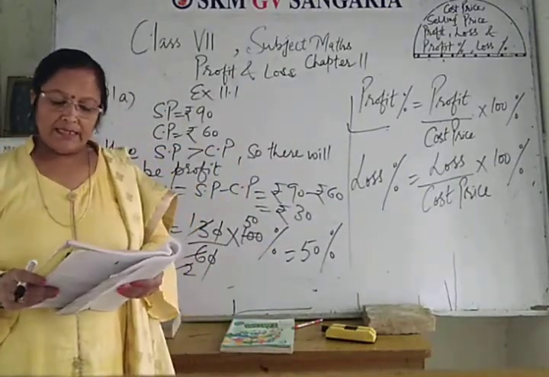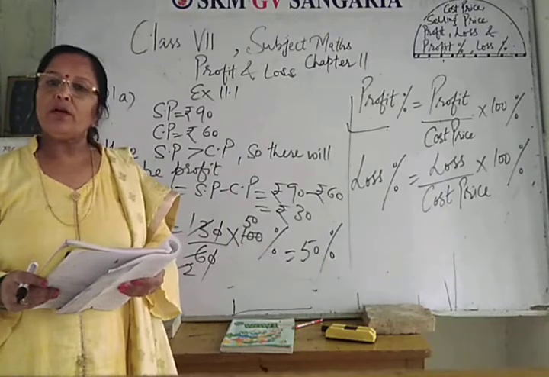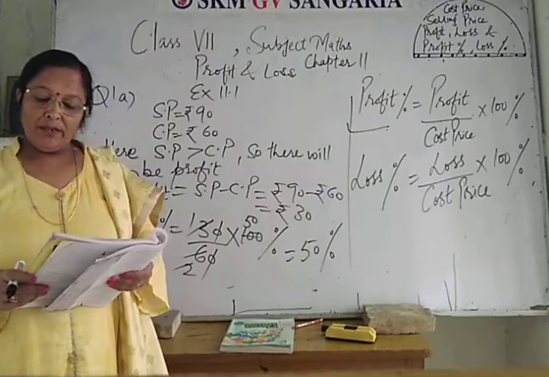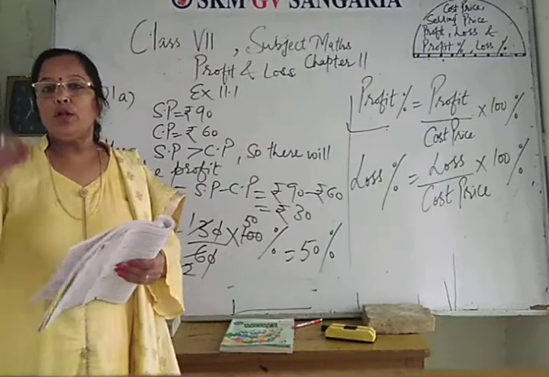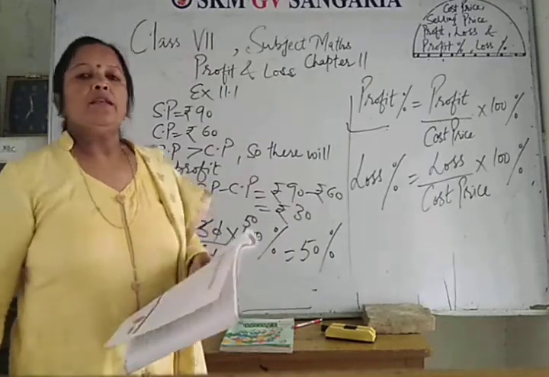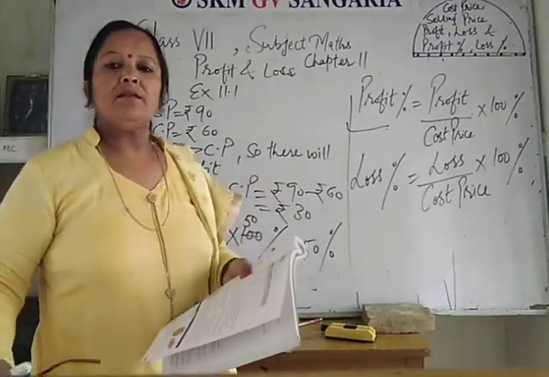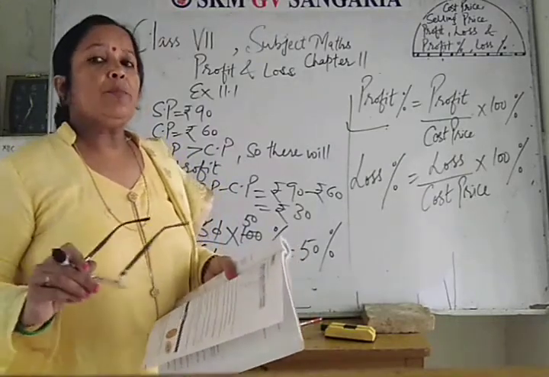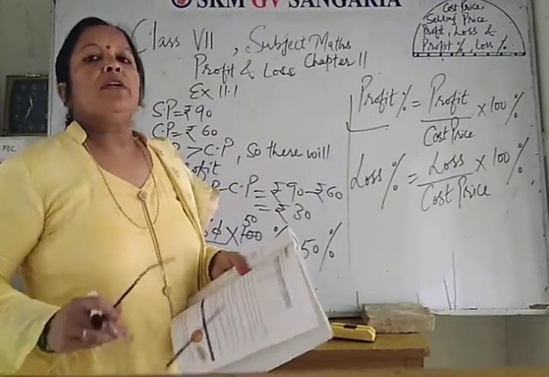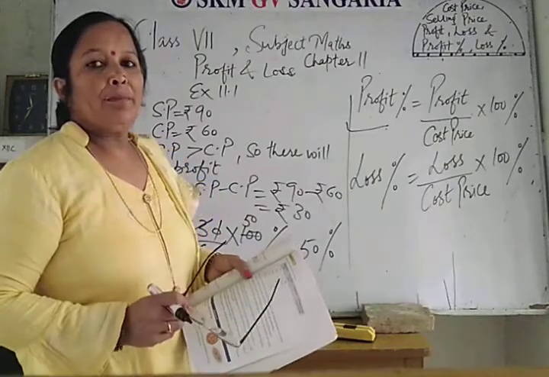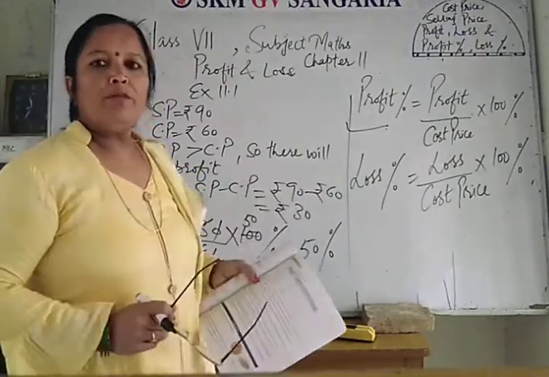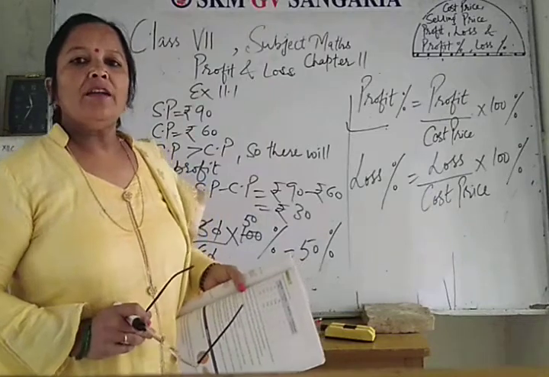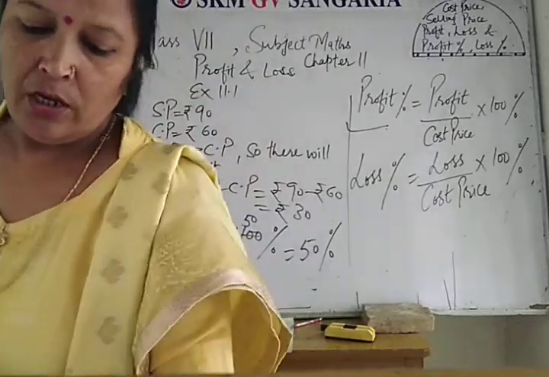If he sells the bicycle for rupees 4,400, determine the profit or loss percentage. First of all, you will compare selling price and cost price. Accordingly, you will think whether there is profit or loss. Whatsoever the situation is, you will apply the proper formula for profit percentage and loss percentage.